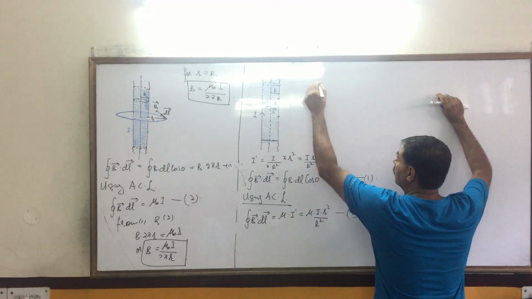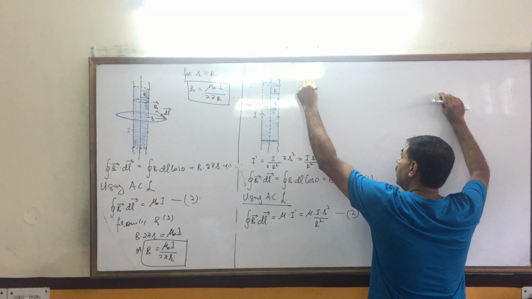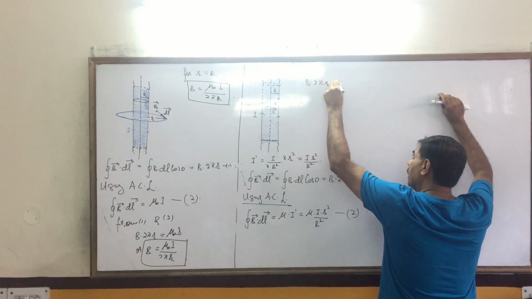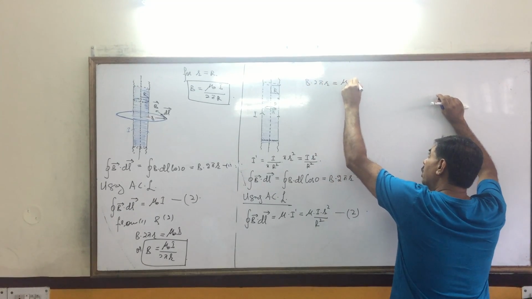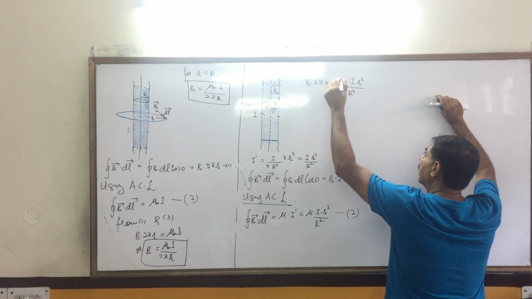From 1 and 2, क्या है? B into 2 pi r is mu into I r square over R square.